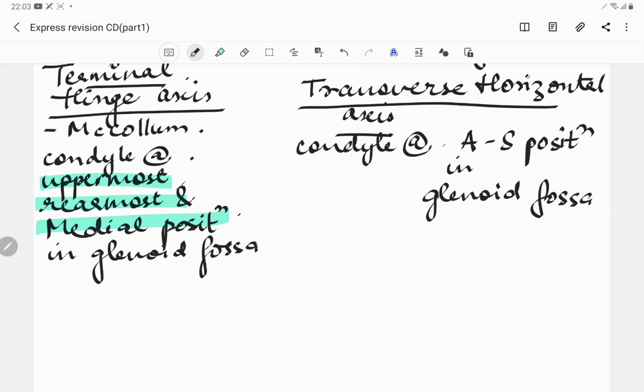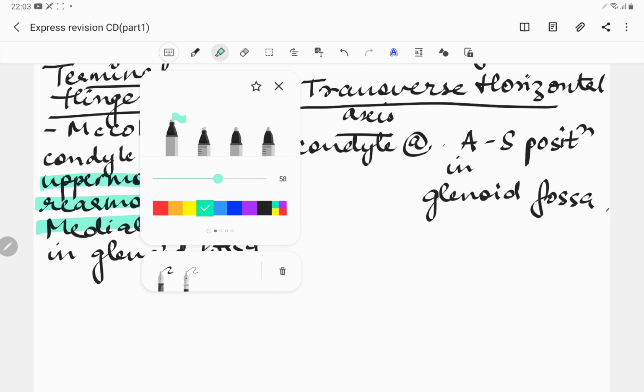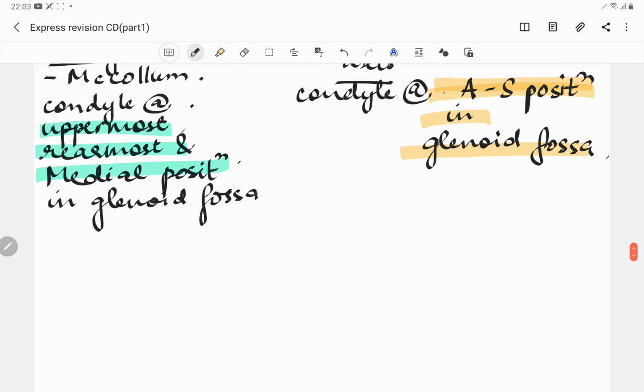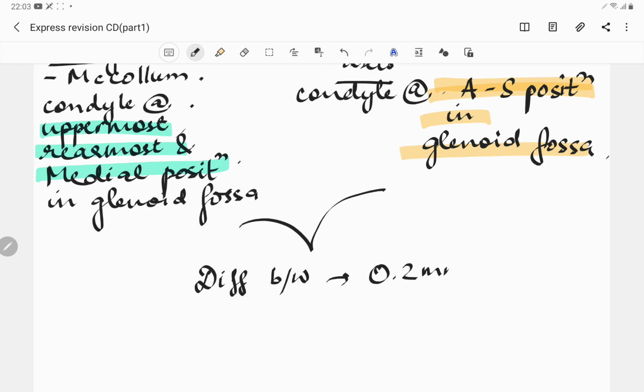Right. So this is the difference between the two. In the terminal, the condyle is at the terminal position, but in case of transverse, it is in the transverse position, that is the anterior posterior position in the glenoid fossa. And the difference between these two is only 0.2 millimeter. So both the axes are 0.2 millimeter apart.